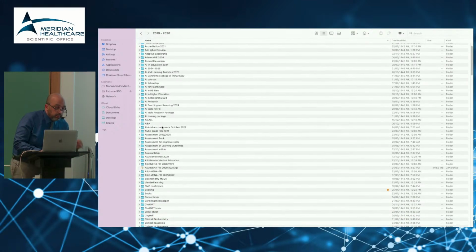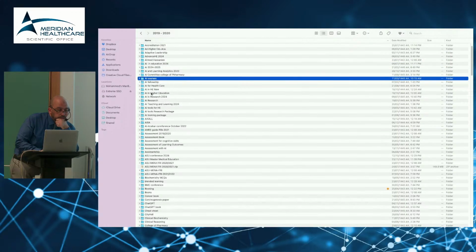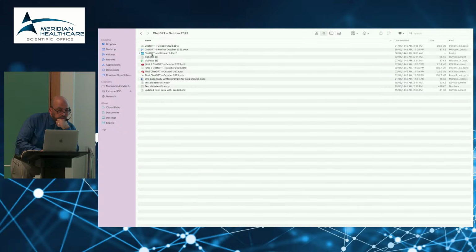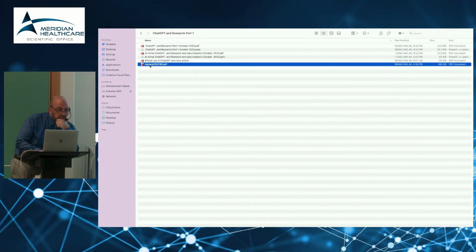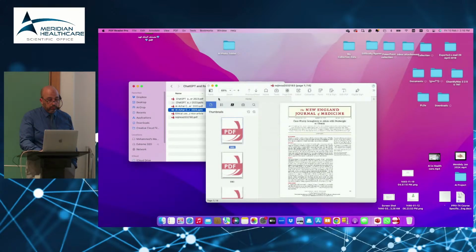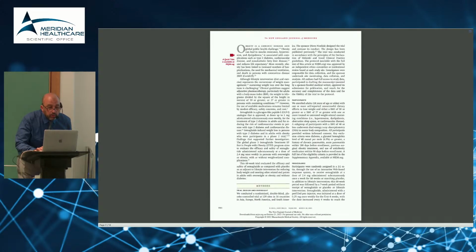So, Bismillah, it is AI. This is the study. How many pages?